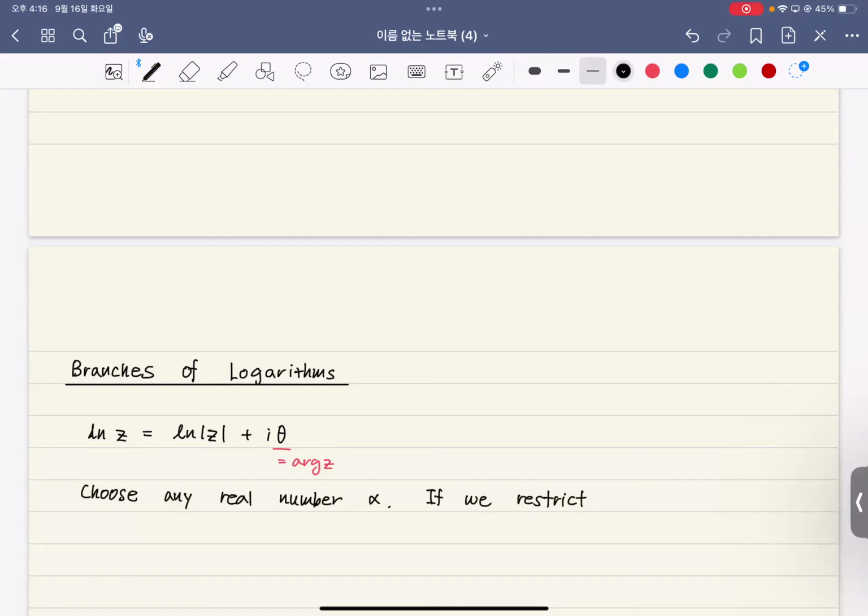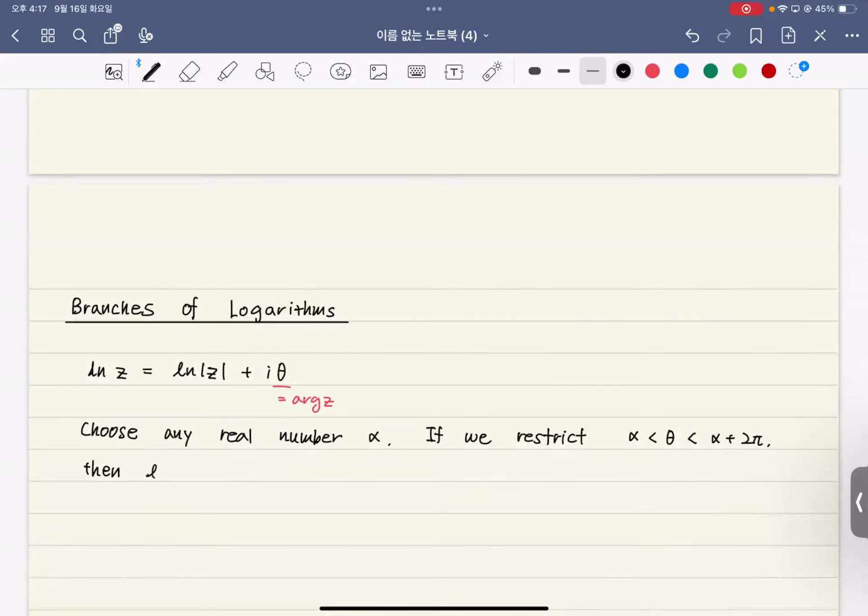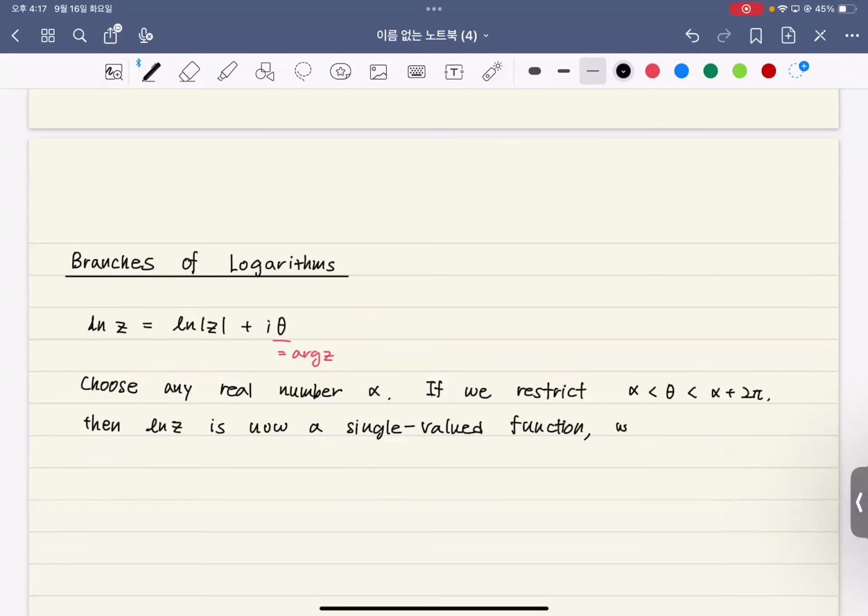If we restrict theta to be between alpha and alpha plus 2 pi, then my log function is suddenly a single-valued function. Ln z is now a single-valued function, whose domain is the entire complex plane.